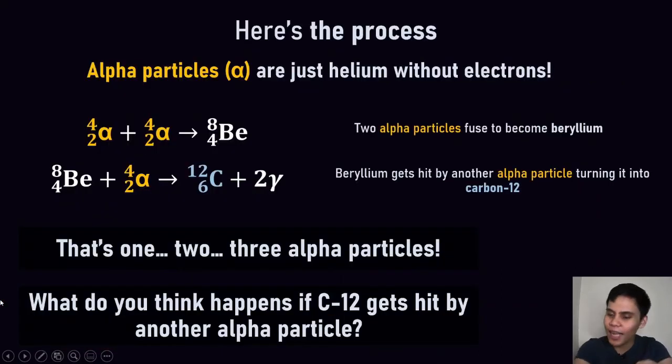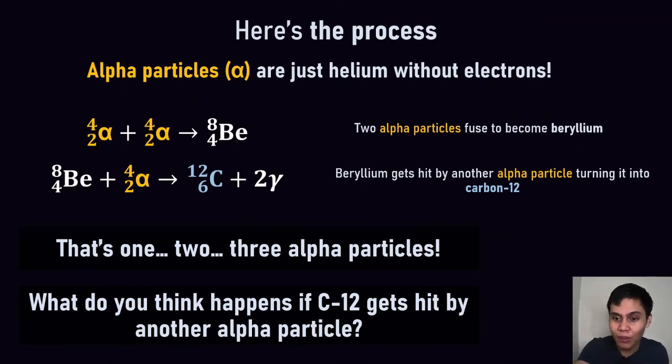So let's see the actual nuclear reactions. So again, take note that alpha particles, symbolized by the alpha symbol, are just helium minus the electrons. So if you take out the electrons of helium, we get alpha particles. So these alpha particles have the same numbers as the helium nucleus, because again, it's just helium without the electrons. If you shove them together, you get beryllium, a stable beryllium nucleus.